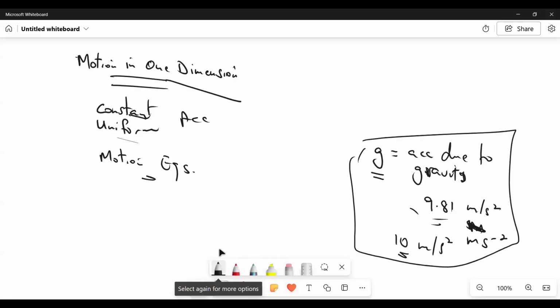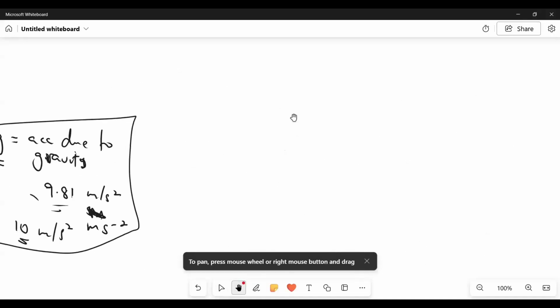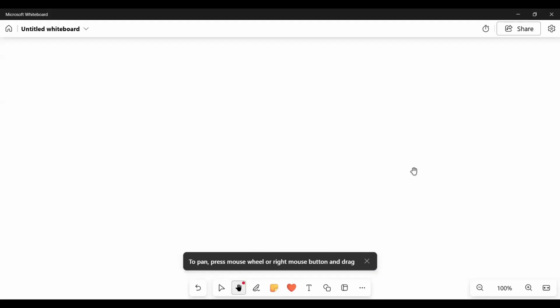But as I promised you, we're going to do a couple of examples, not too many, just about two or three of them, maybe four at the most, that involve the motion equations, and they're going to be very simple, right?